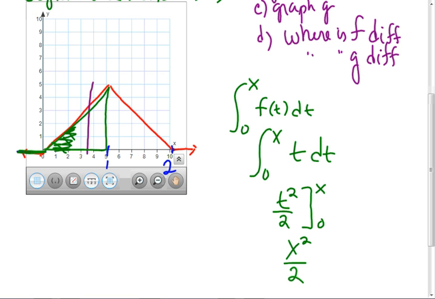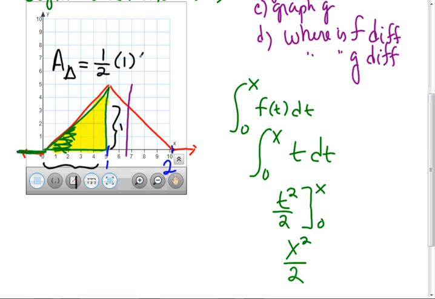Okay, now I want to find the signed area over here. But there is something that's always constant. The area of the triangle. This isn't changing. So what is the area of that? That's 1. That's 1. So the area of the triangle, I don't like my grid, is 1/2 base times height.